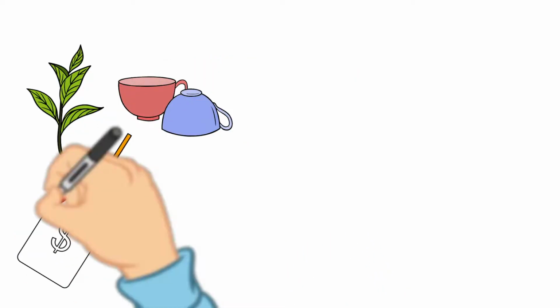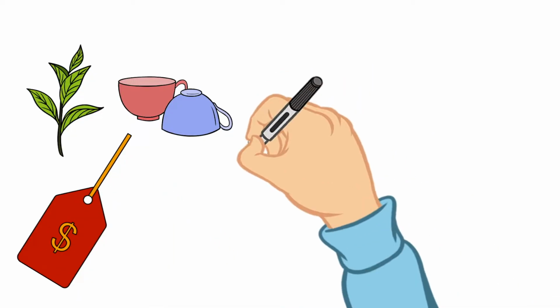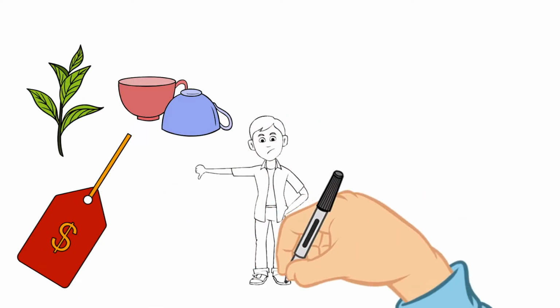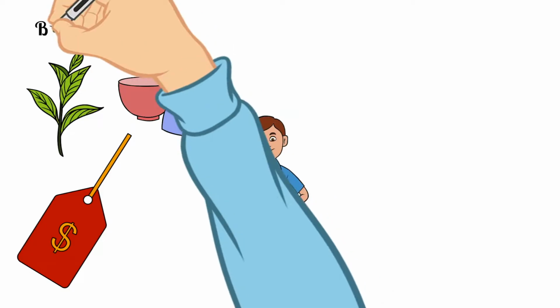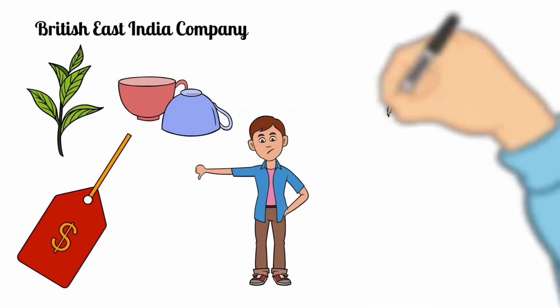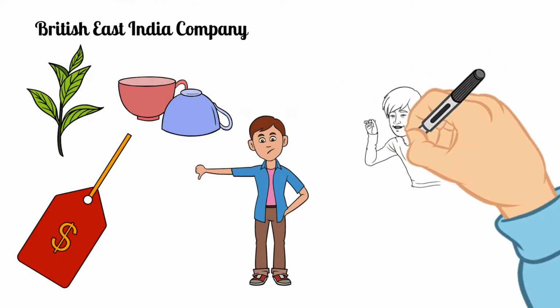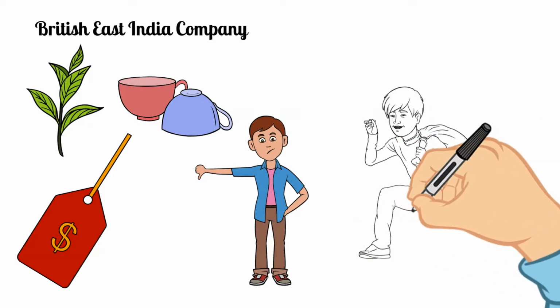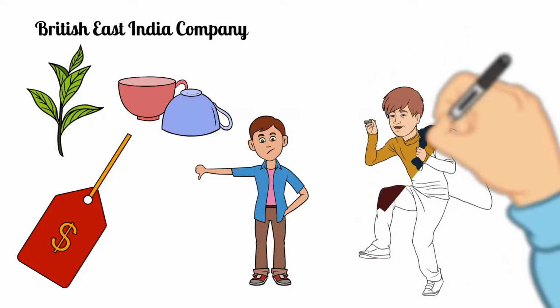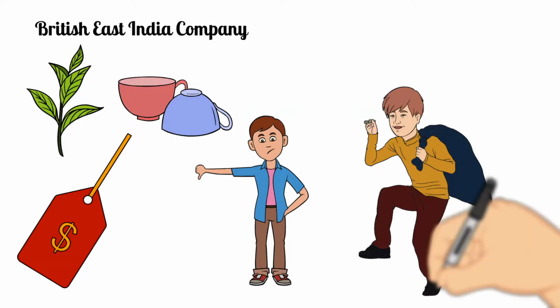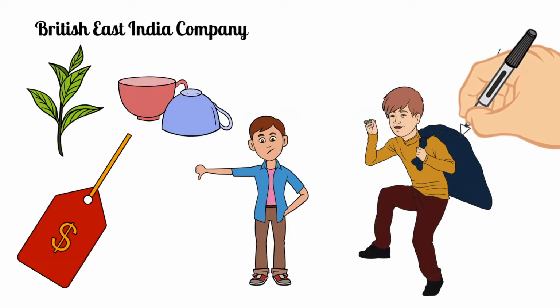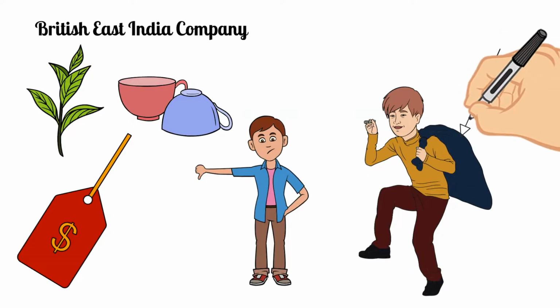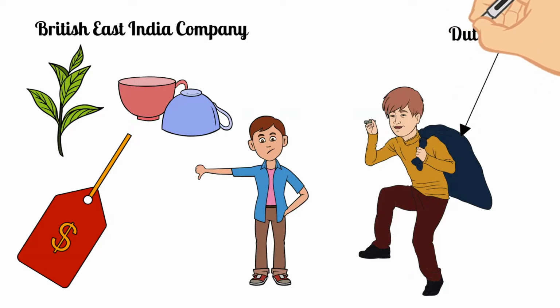Because of this, many colonists decided to boycott or stop drinking tea that was brought by the British East India Company. And instead, a group of tea smugglers would bring in Dutch tea. This left the British East India Company with millions of pounds of surplus tea and facing bankruptcy.